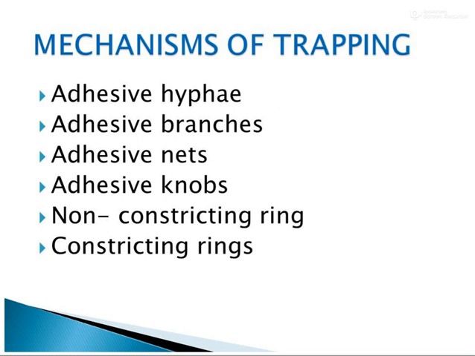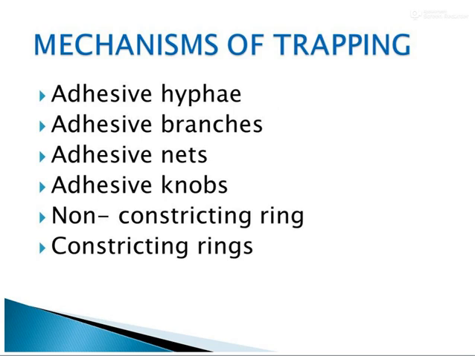Now, what is adhesive hyphae? Adhesive means something which is sticking. So, the fungi will produce some hyphae which will be sticky towards the nematodes. Then the next one, we have adhesive branches. That is, the hyphae itself will have some branches, and those branches will be adhesive.